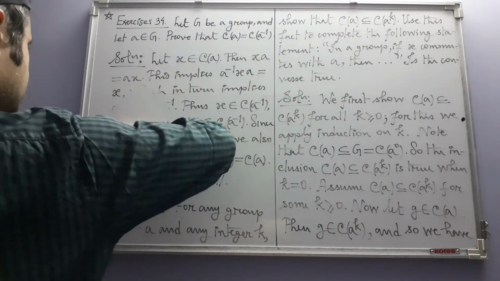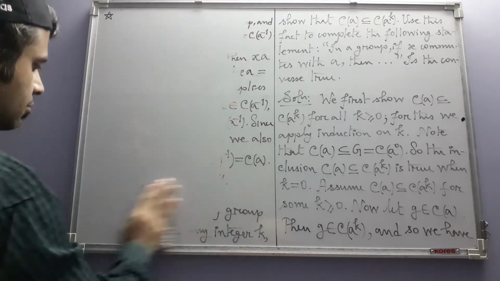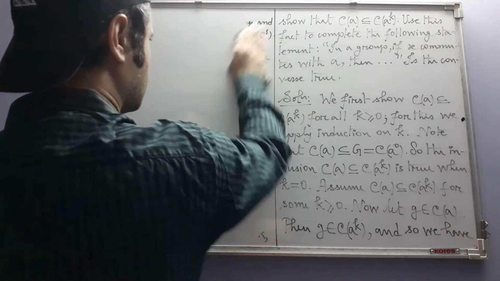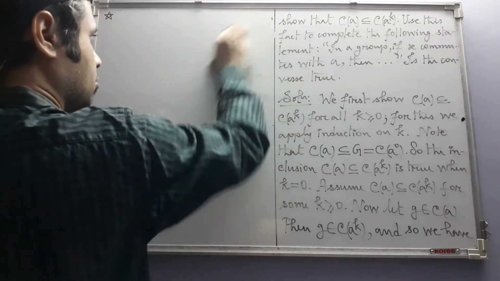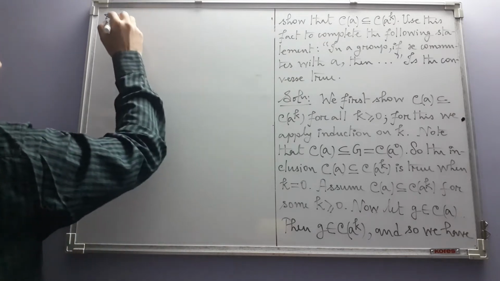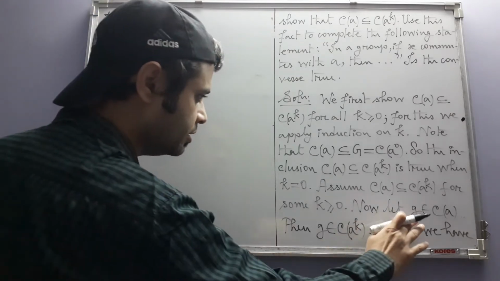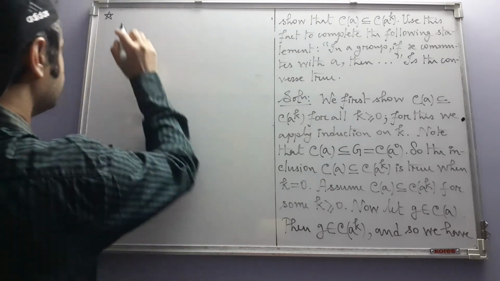And so we have these things. So that means G commutes with both A and A to the power k.